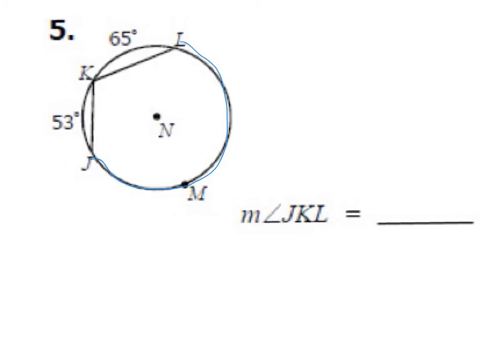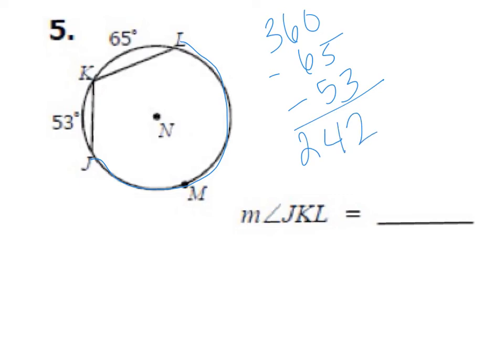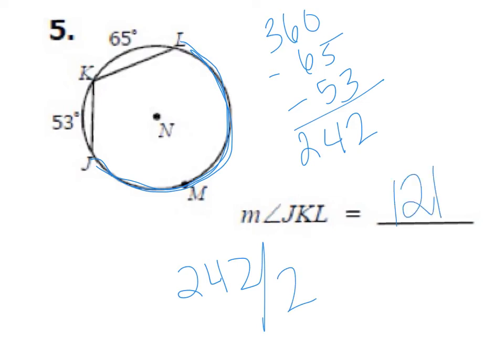The other two arcs in our circle are already labeled as 53 and 65, and I can subtract those numbers from 360 in order to get what's left over, which is 242. So this blue arc is 242 degrees, which means that the angle is half of that. 242 divided by 2 gives us 121.